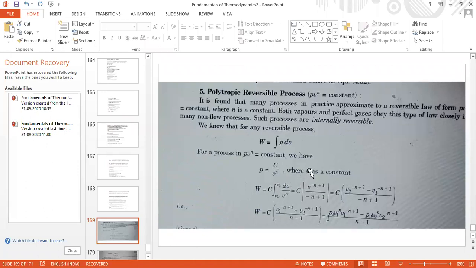And I ask you here, what is integral x^n dx? This fundamentally is required. Fundamental mathematics. Quick. What is integral x^n dx?